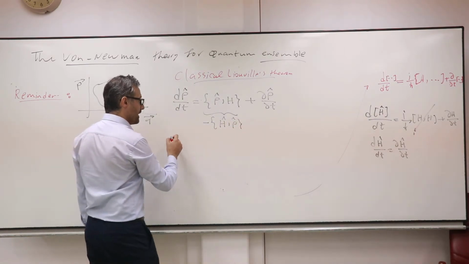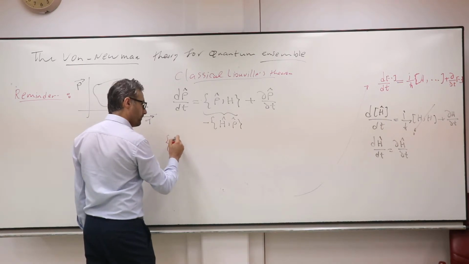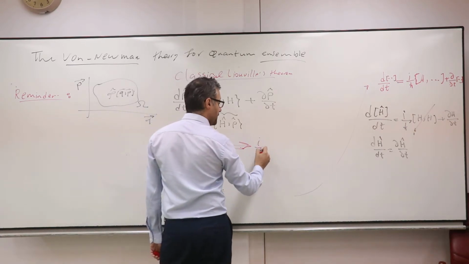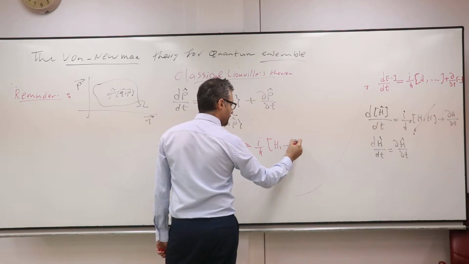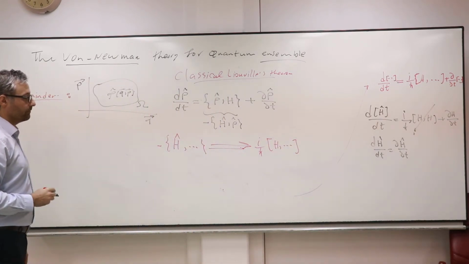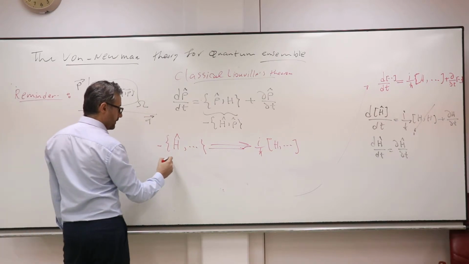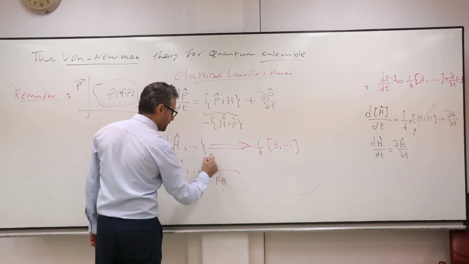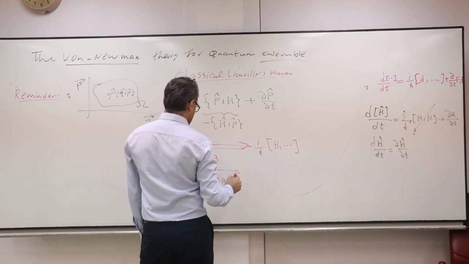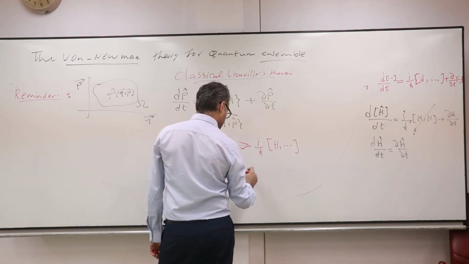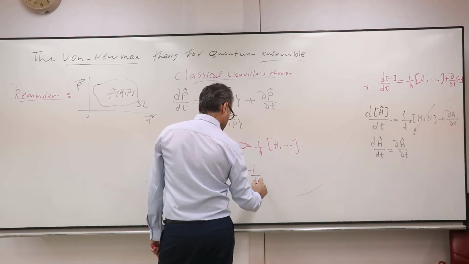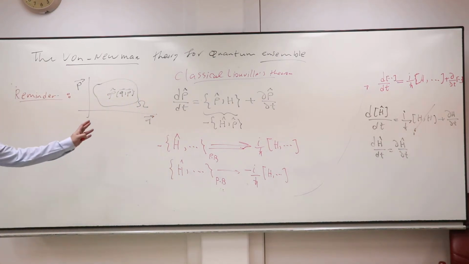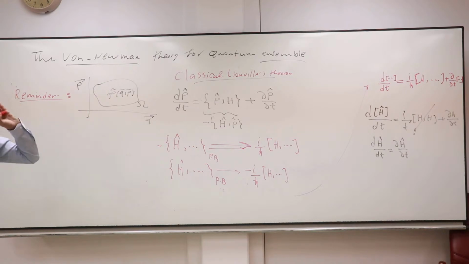It seems that if you replace H and every operator with the i/h-bar Dirac commutator, or if you replace the Poisson bracket, it seems that you can pass from the classical Liouville theorem to quantum mechanics.